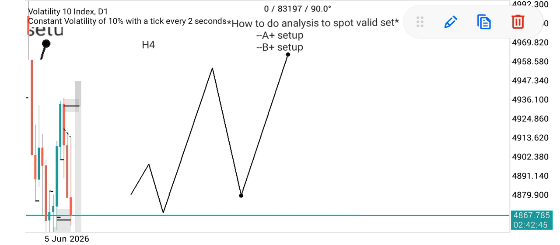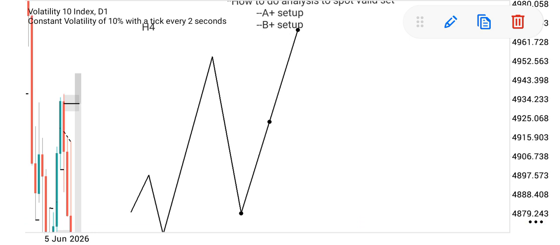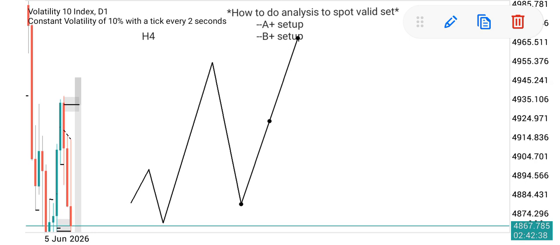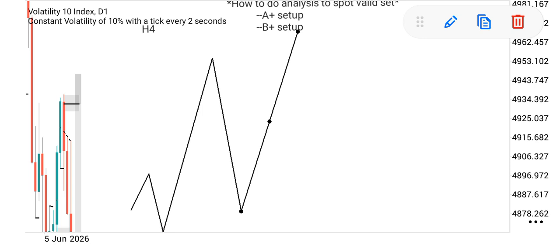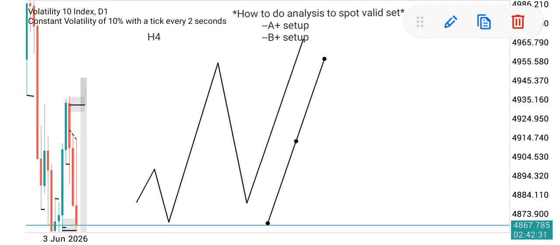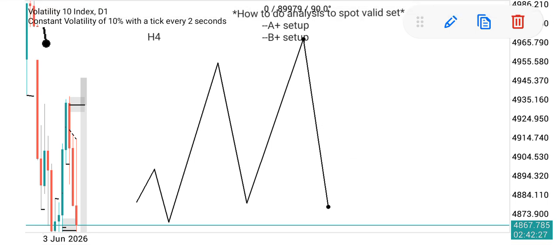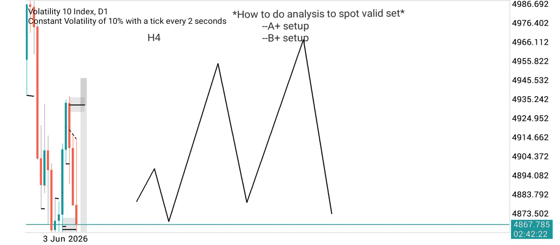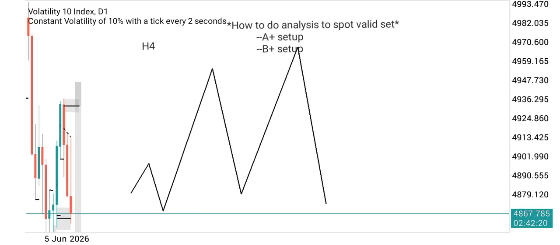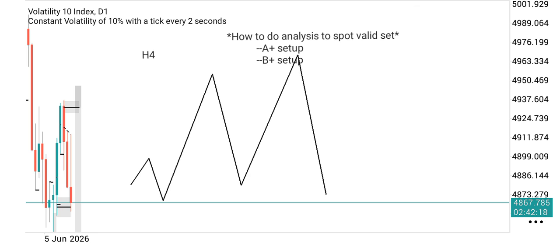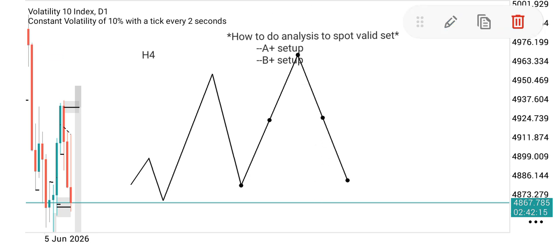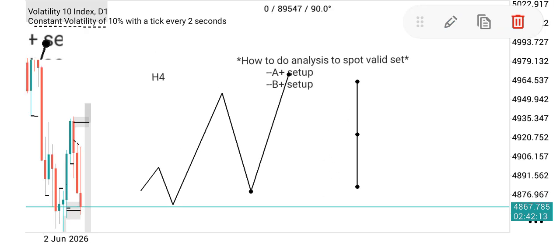The market may be acting as if it's very clear, but we all know that the market is not actually clear. On the 4 hours time frame, when you see the market so clear like this, you wish the lower time frame would also be clear like this. But one thing I want you to understand is that the higher time frame is clear, but the lower time frame will not be as clear as the higher time frame.